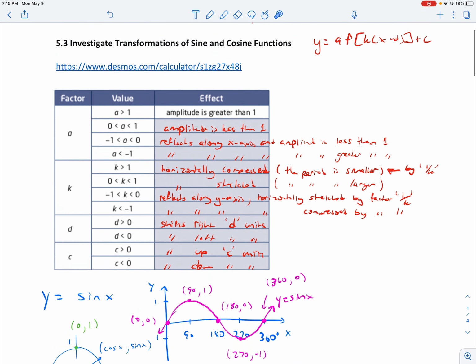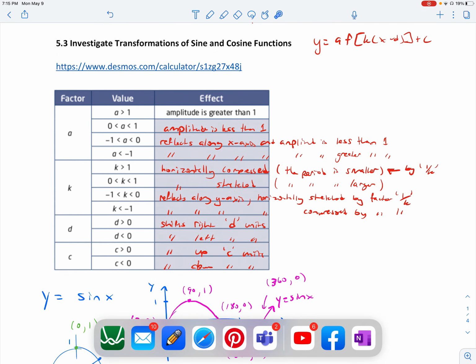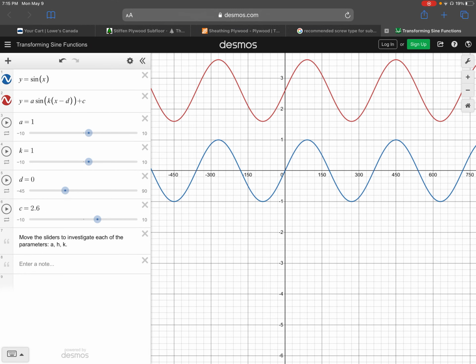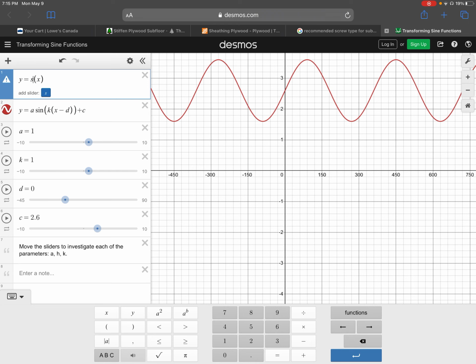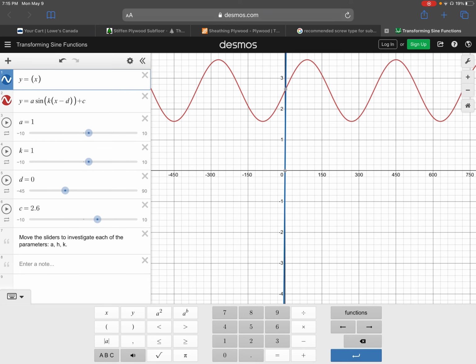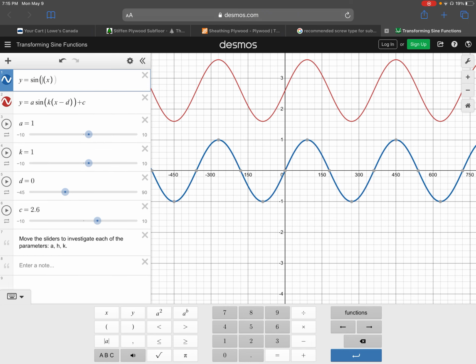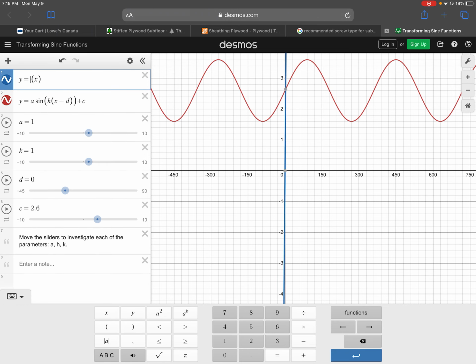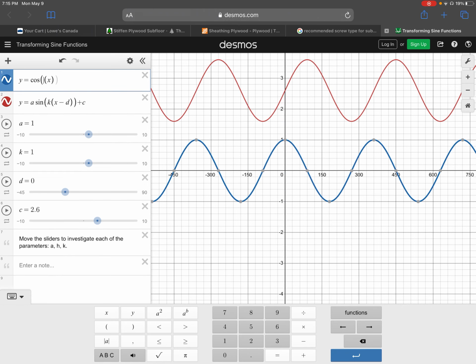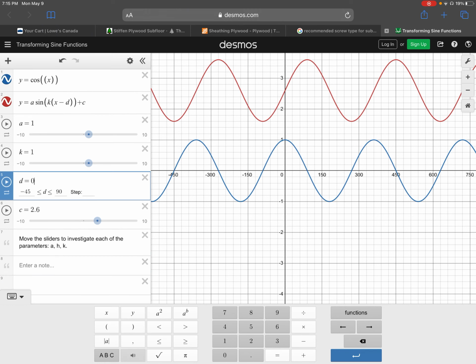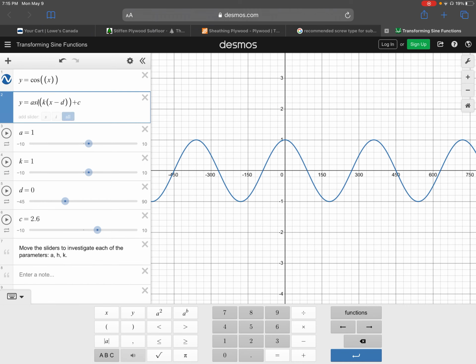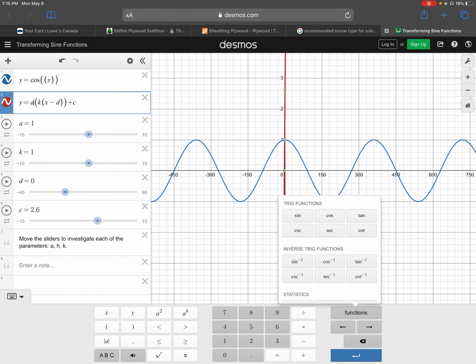If you would want to, you could go back to here and change sine to cos, and you could then see how everything affects the cos graph. It does exactly the same way as it does for sine, so a little spoiler alert there. Let's go back to cos. Then you just have to make sure you change that one too as well.